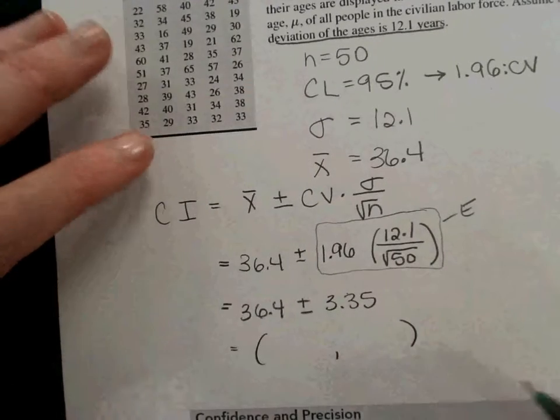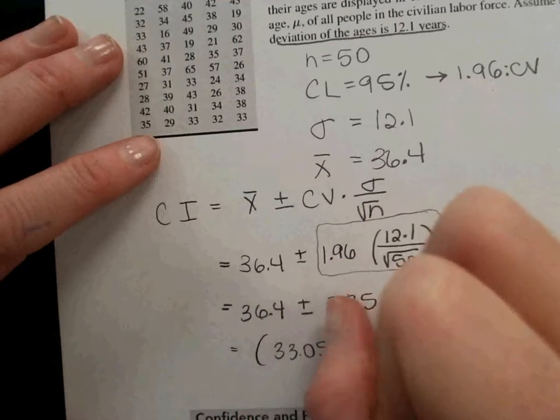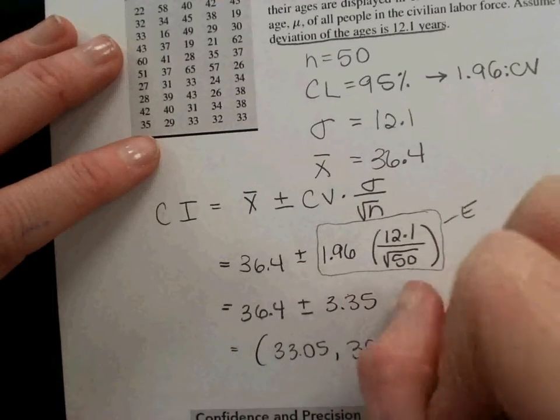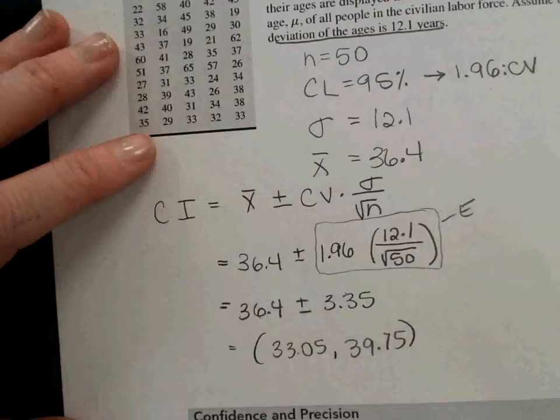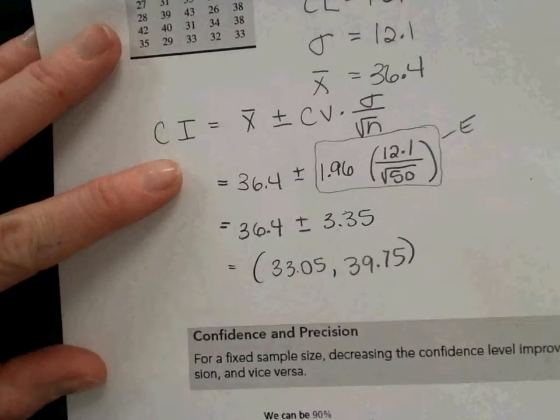Alyssa? 33.05 and 39.7. Anyone want to second that? 33.05 and 39.75? Okay, great.